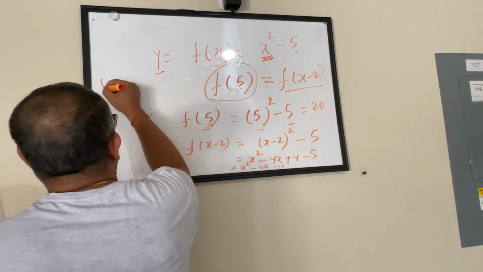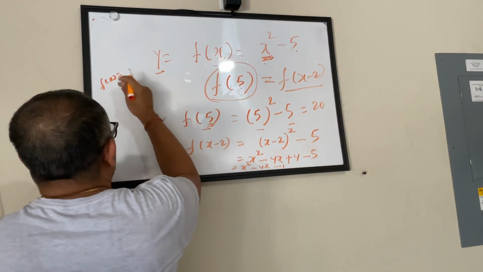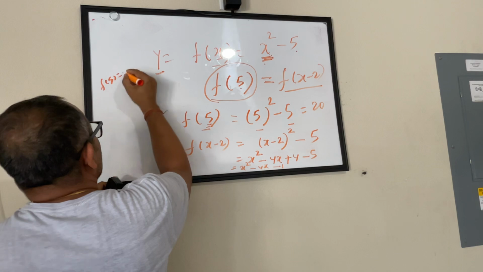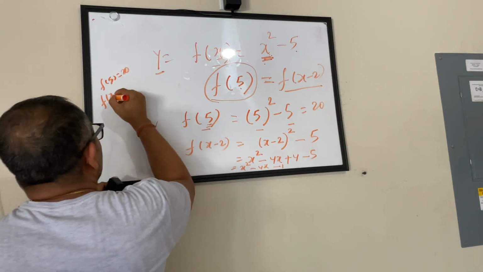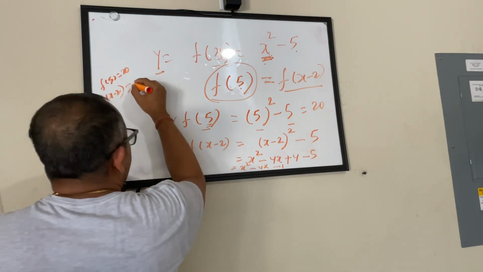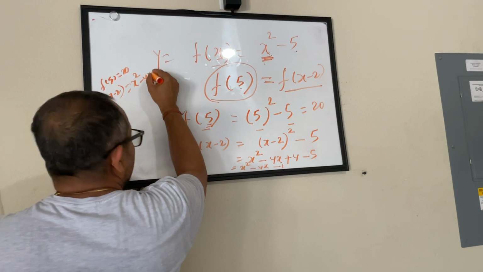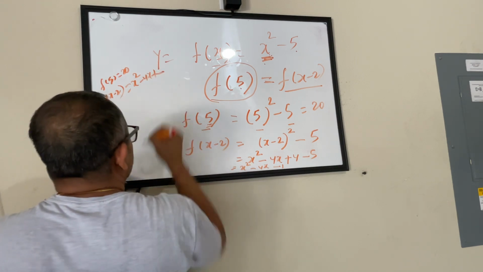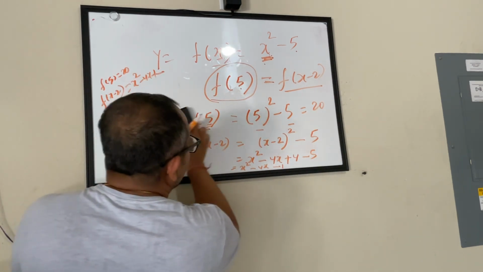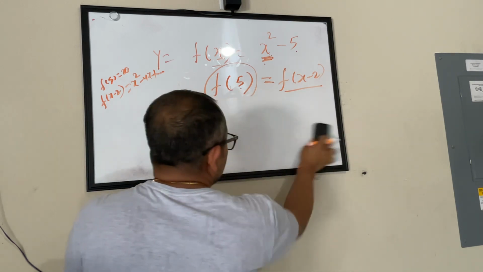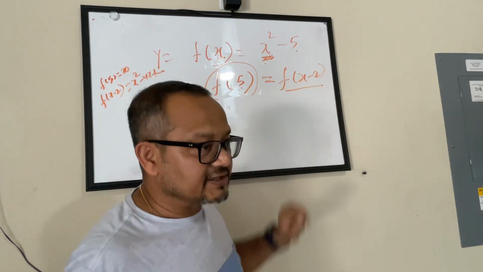Function of 5 we got as 20. Function of x minus 2 we got as x squared minus 4x minus 1. I'm just rubbing it out. Now, this says this equals this.